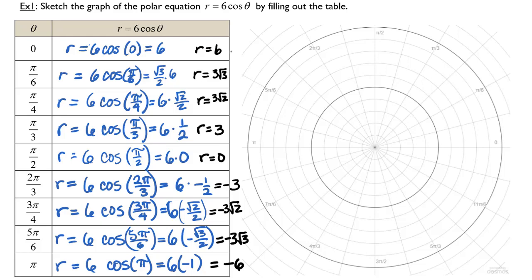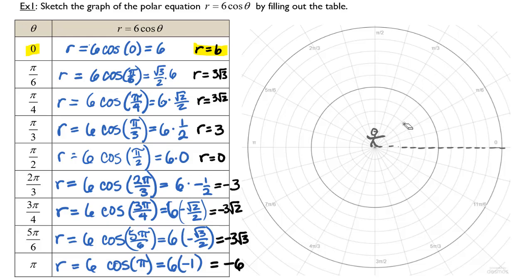We have an r, and we have a theta for each one of these. First, remember how I graph these. I stand at the origin. There I am standing at the origin, and I am going to look out along the polar axis, which is at 0 radians.